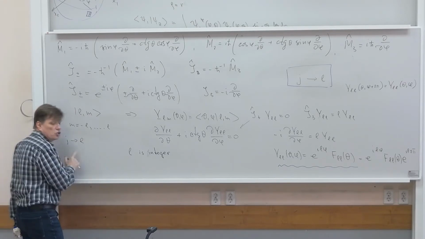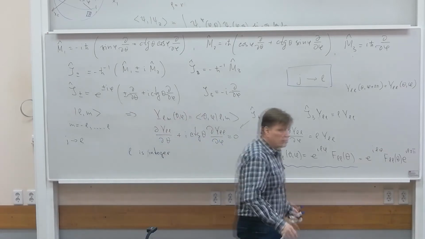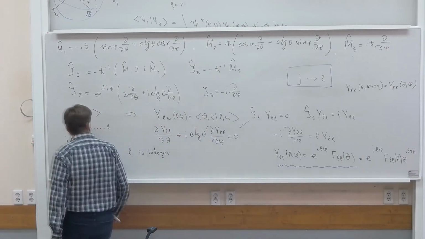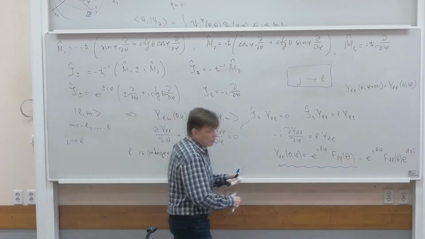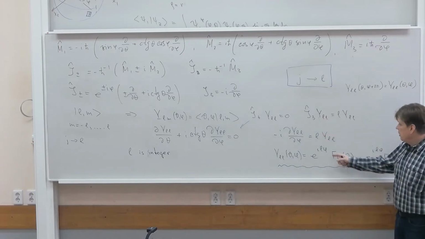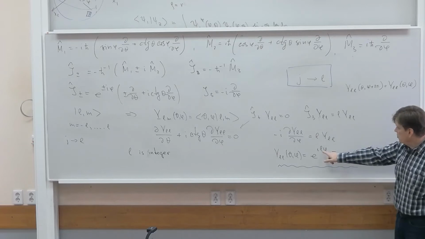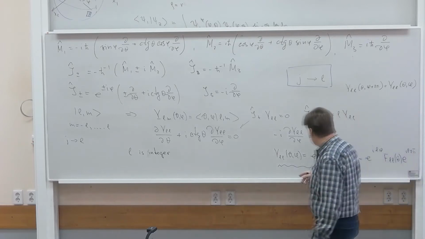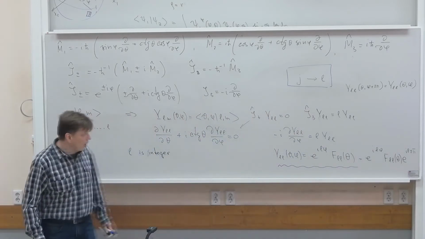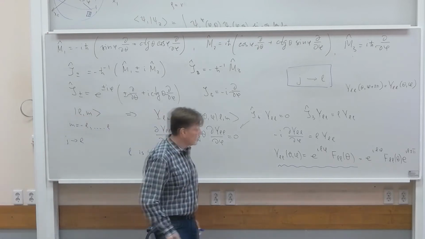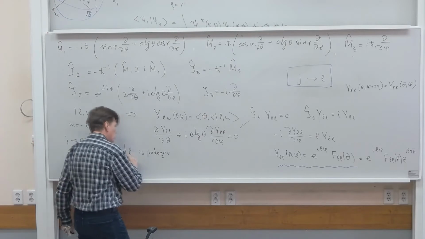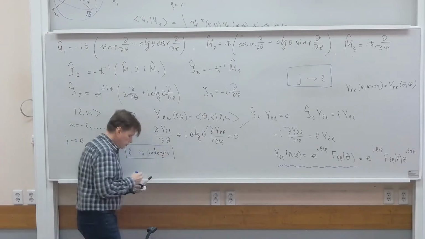The original index j might take all the values, integer or half integer, but when it comes to the angular momentum of the rigid rotor, this L may take only integer values. Okay. This is an important point.